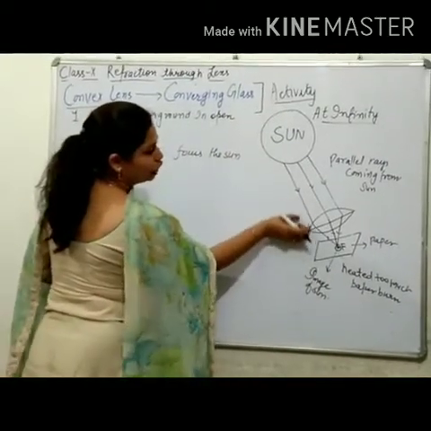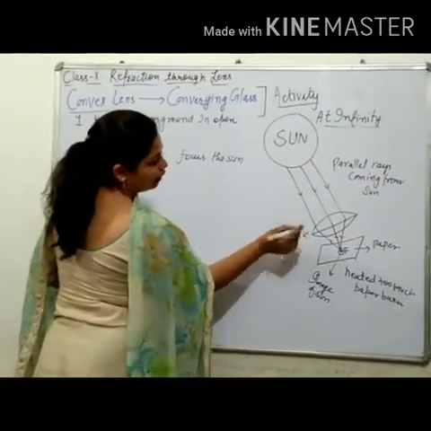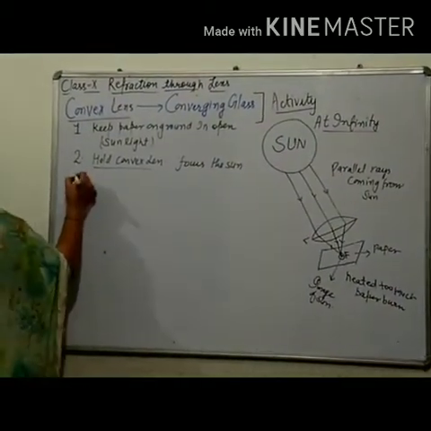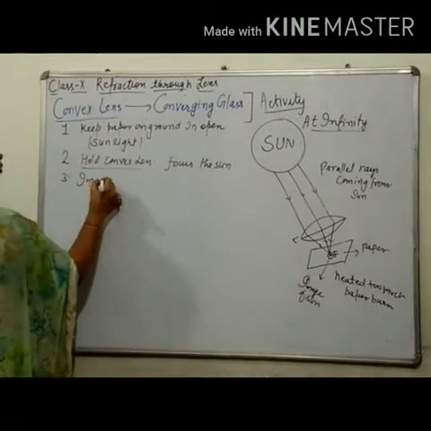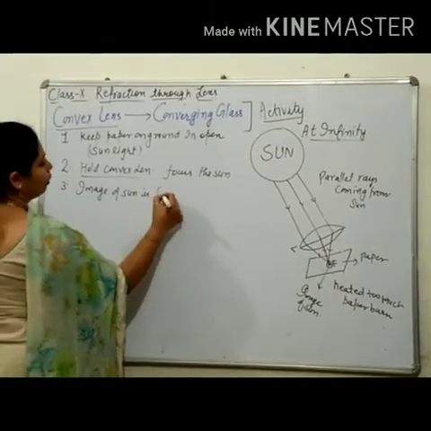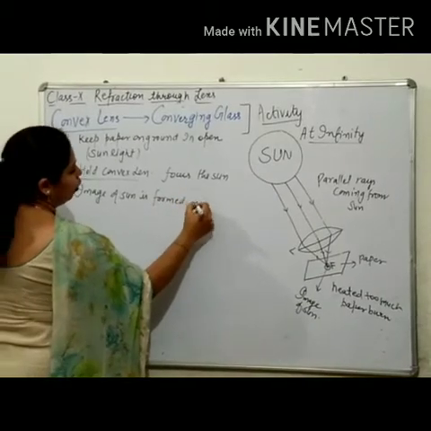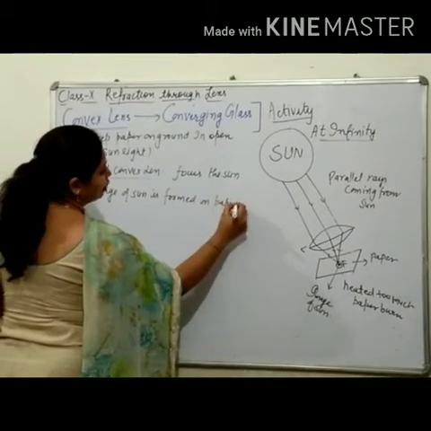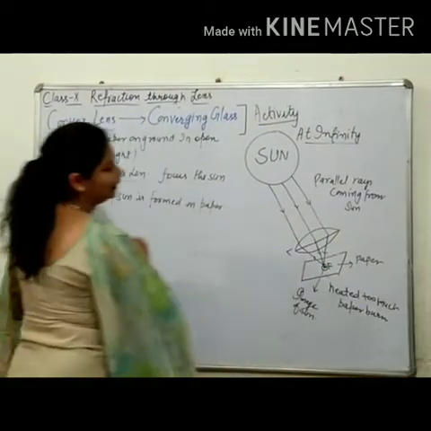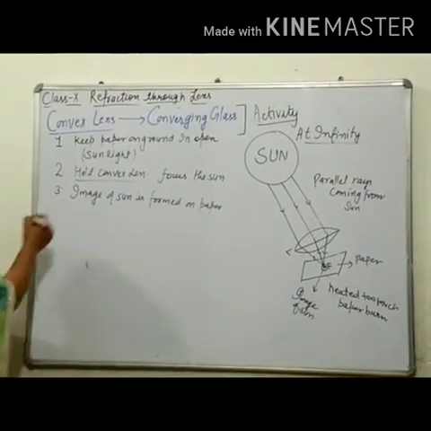Adjust the position of the lens away from the piece of paper such that the image of the sun is formed on the paper, which is a very small, highly diminished point-size image of the sun.